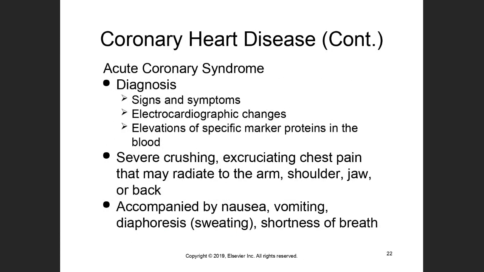Okay, acute coronary syndrome, we have the diagnosis, signs and symptoms. The patient is going to have chest pain, you do the EKG, and in the EKG you have to look for ST segment elevation, okay? If you have ST segment depression, that's an ischemic event. That's ischemia, just ischemia, okay? And most of the time, it is only ischemia, okay?